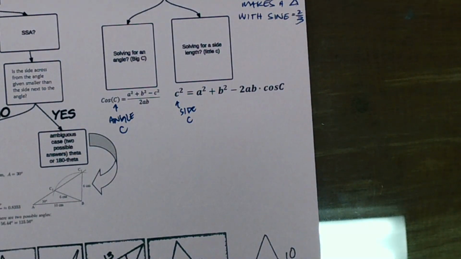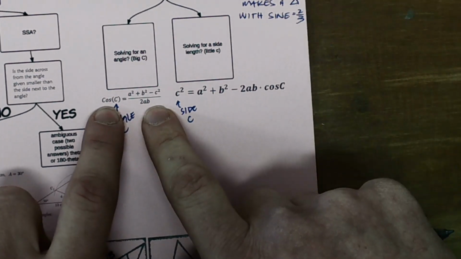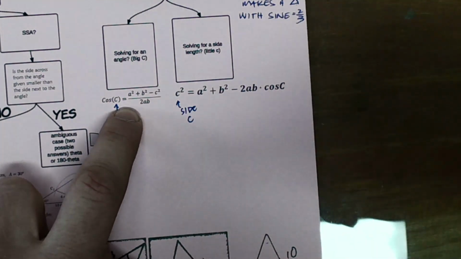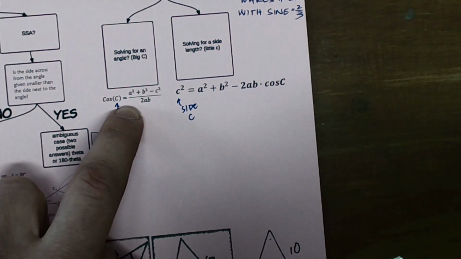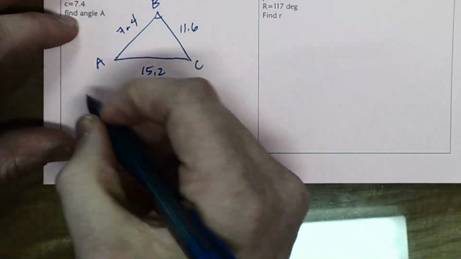So we're going to use the version of this that's already got the angle isolated. Except this is where you have to adapt, because in the generic labeling system, angle C in this formula is kind of like the angle we're given in the problem here. So this is a little bit of a juggling act with the lettering system.